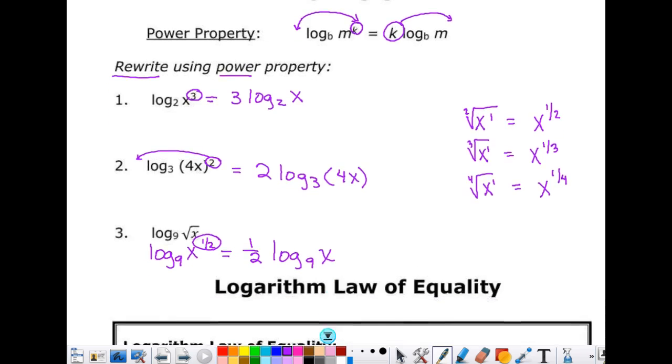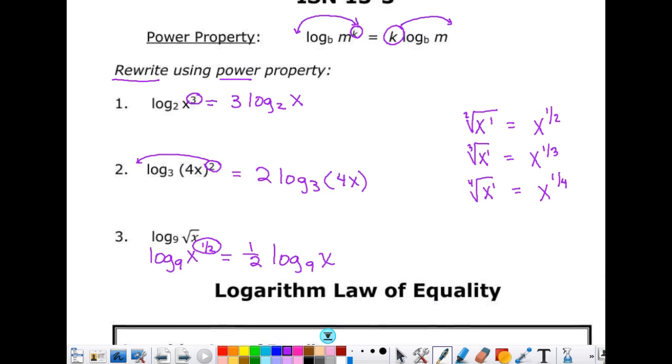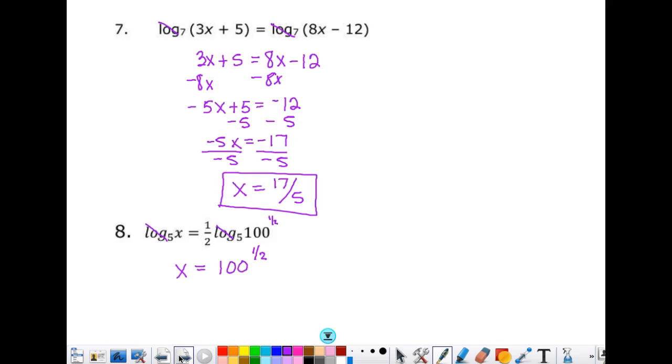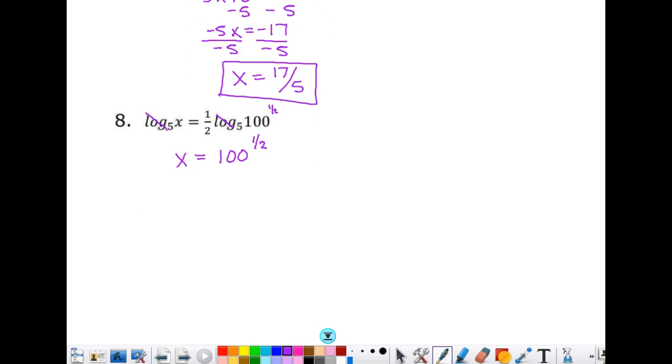So 100 to the 1/2 power means what's the square root of 100? So what's the square root of 100? 10. Now, let me show you this.